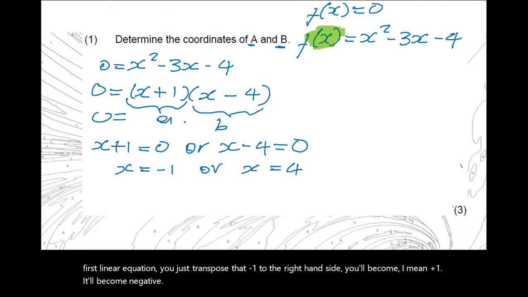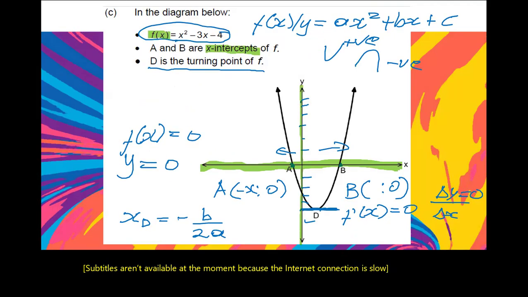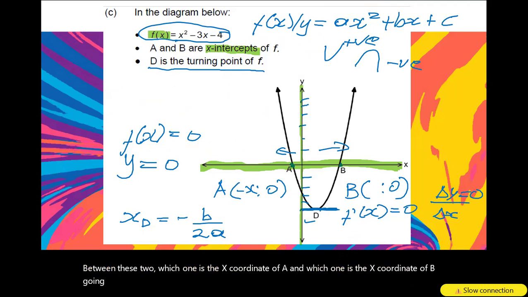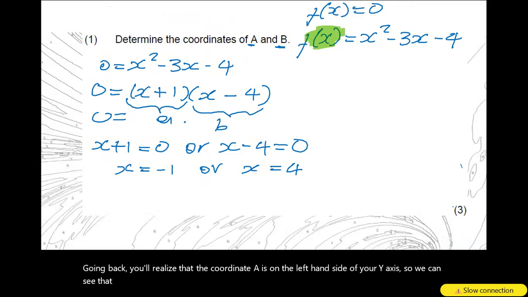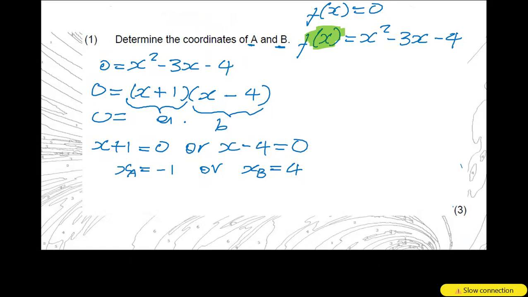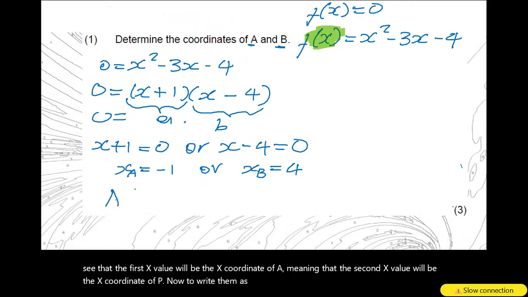Now, between these two, which one is the x-coordinate of A and which one is the x-coordinate of B? Going back, you'll realize that the coordinate A is on the left-hand side of your y-axis. So we can say that the first x value will be the x-coordinate of A, meaning that the second x value will be the x-coordinate of B. Now, to write them as coordinates, you will write this.